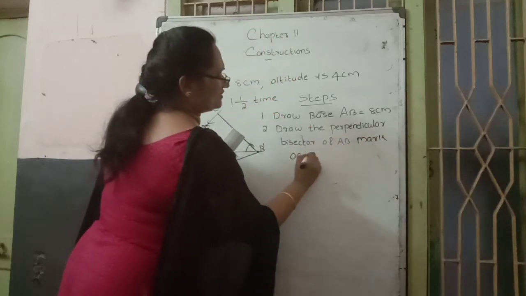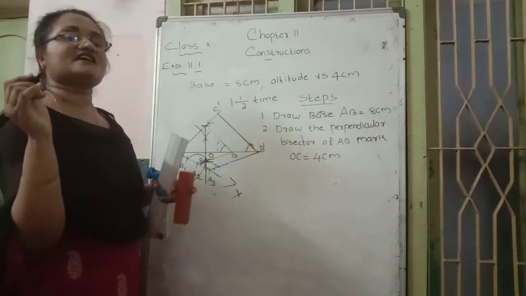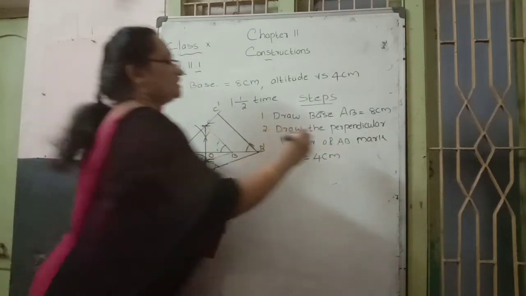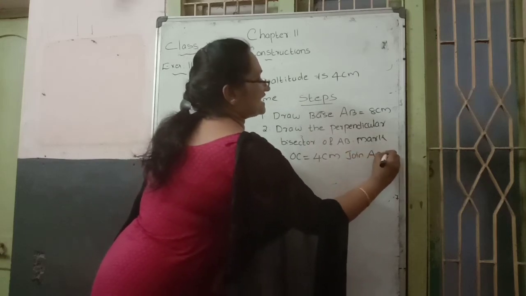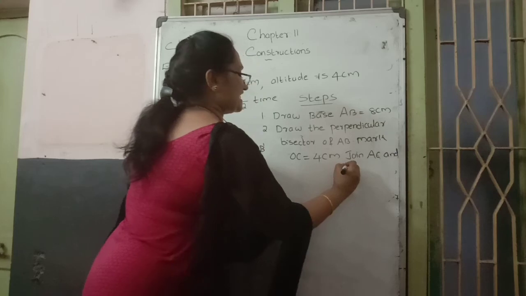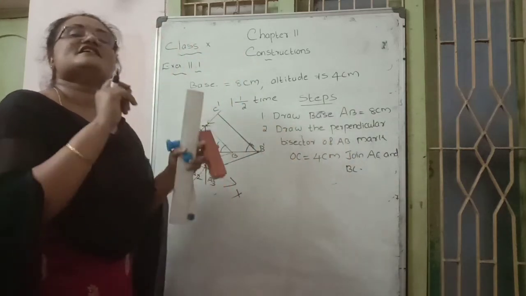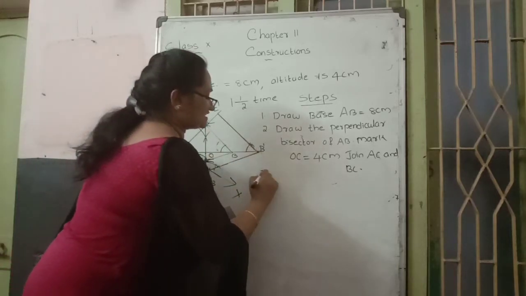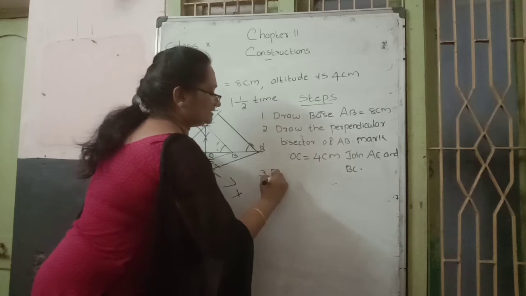Full detail is not needed, but OC is equal to 4 centimeters. Then join which points? Join AC and BC. We get the required isosceles triangle. Second step like this. Third step as usual. Draw an acute angle.